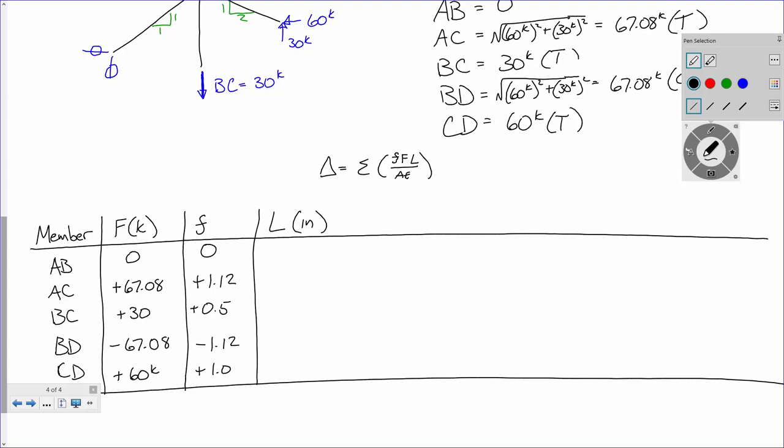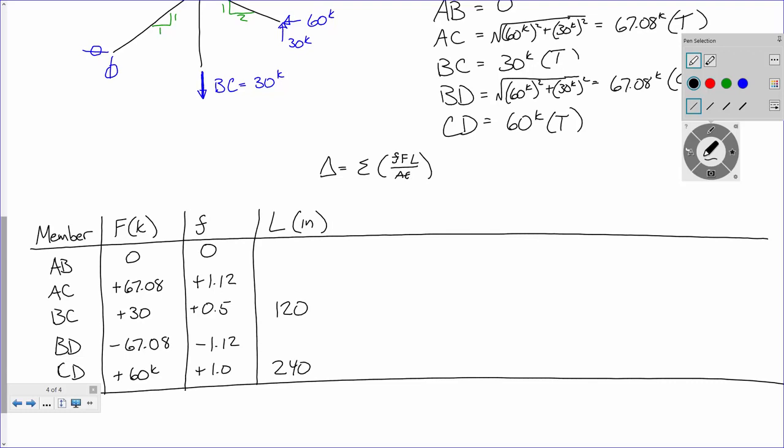So let's look at our problem and see what the member lengths are. Let's do the simple ones. Member BC, how long is member BC? 10. So, there we go. Make sense?